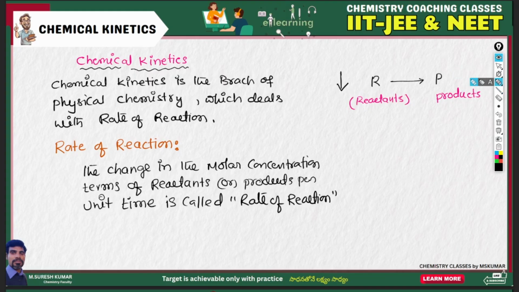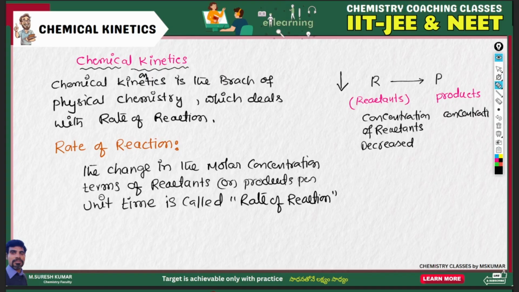As the reaction proceeds with time, the concentration of reactants gradually decreases, and the concentration of products gradually increases. This happens in any chemical reaction.